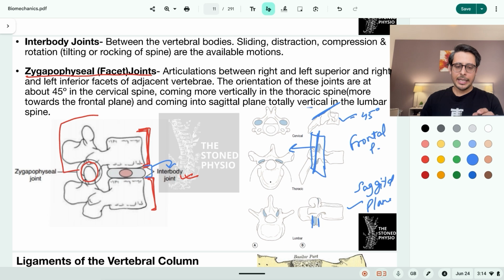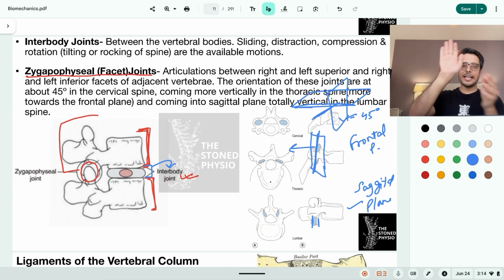So we can say it's something between the horizontal plane and the frontal plane, exactly at 45 degrees between the horizontal and the frontal plane. Now, why am I discussing these things?